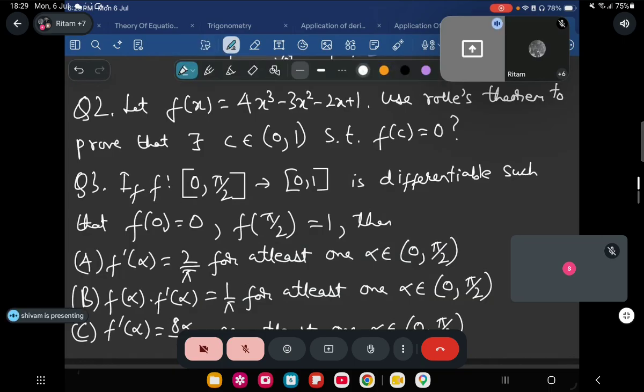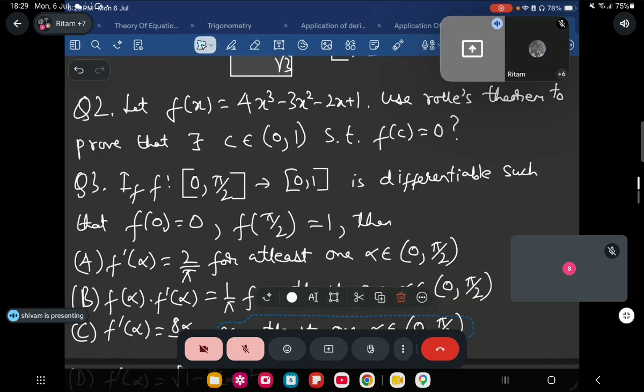And option D, f dash at alpha is equal to root over 1 minus f of alpha whole square, for at least 1 alpha belonging to 0 comma pi by 2.